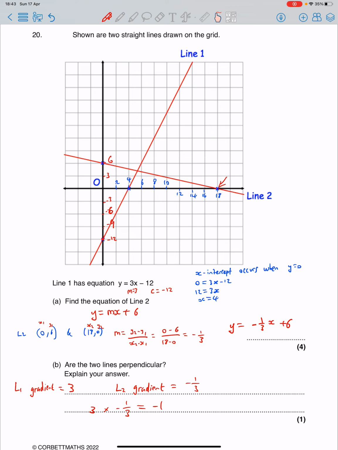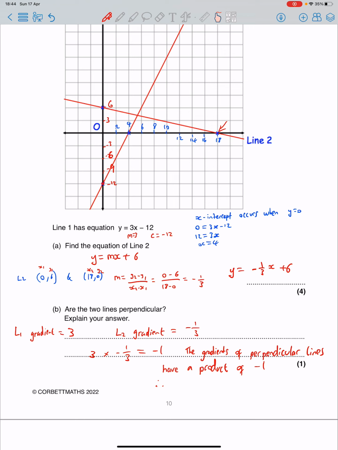And the gradients of perpendicular lines have a product of minus 1.